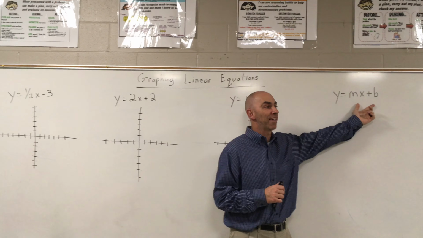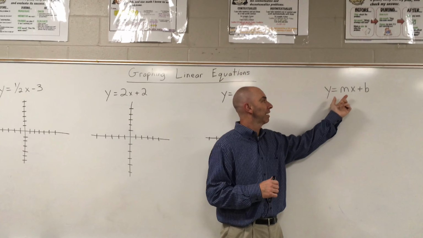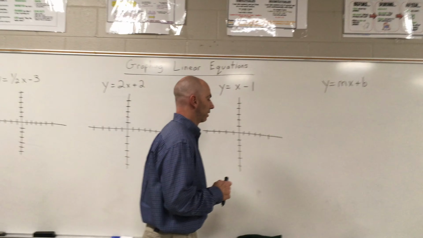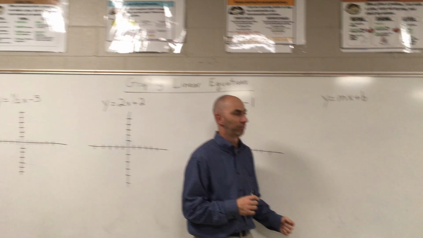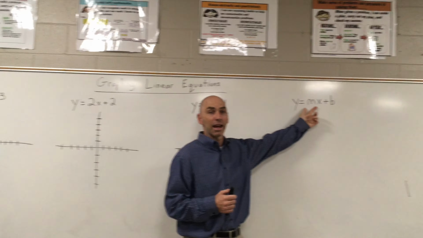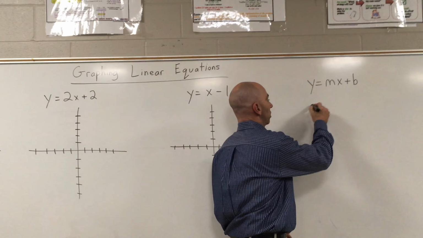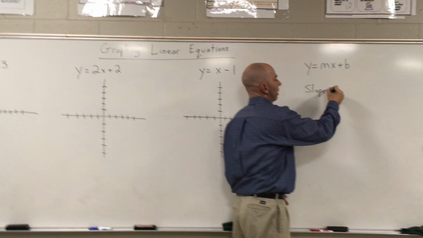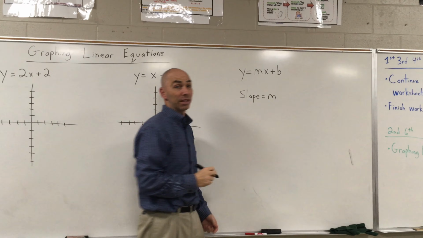The equation you have to memorize is y equals mx plus b. Oddly enough, whoever made this up, I'm not sure who, said we're going to say the slope, which starts with an s, we're going to classify that as m. We don't know why. Slope's m.